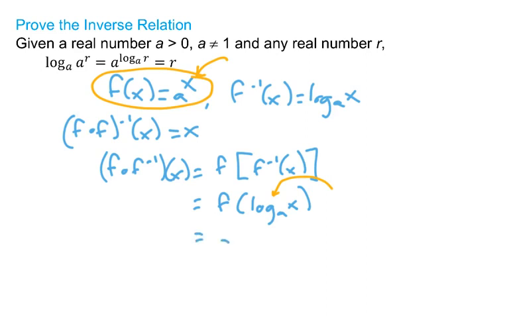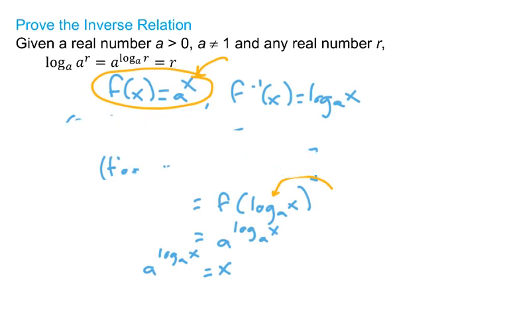So that would give me the very complicated looking expression a to the logarithm base a of x. But when you do that composition, you're supposed to get x, so this is really just saying a to the logarithm base a of x is x. The composition just gives you x. The only thing that's different from the way I stated it up here in the theorem is that I used r instead of x.